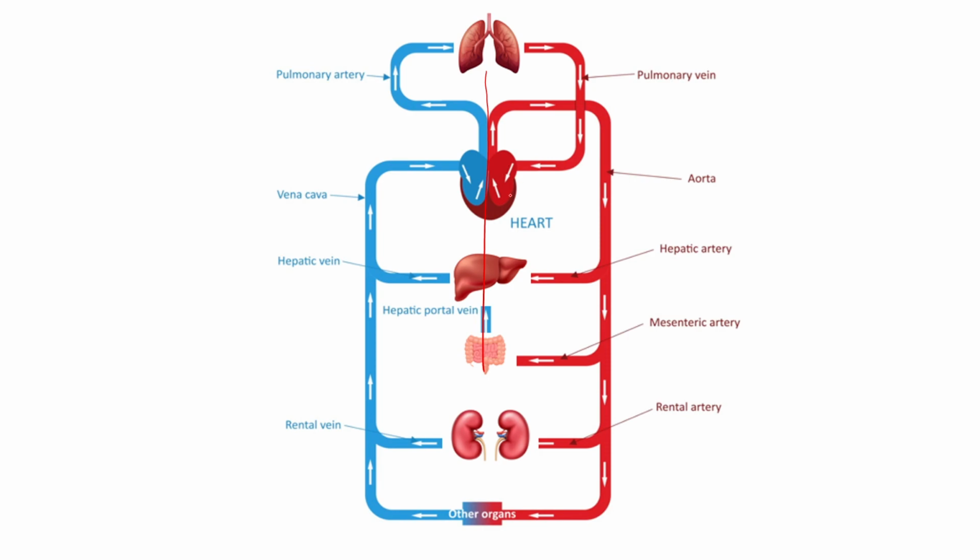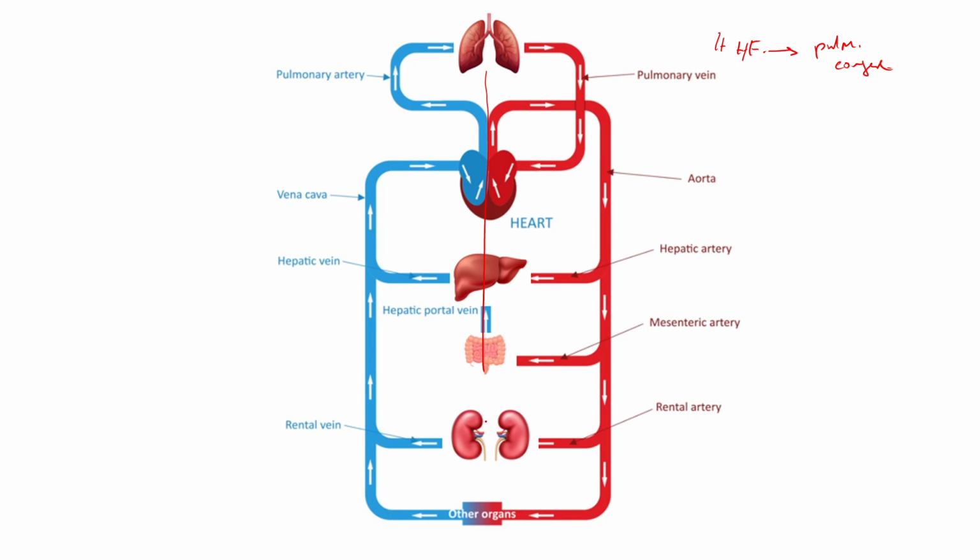If the left ventricle fails to pump the blood into the systemic circulation, the blood and the pressure will be reflected back in the pulmonary veins and will be reflected to the lungs. So the left heart failure will result in pulmonary congestion.